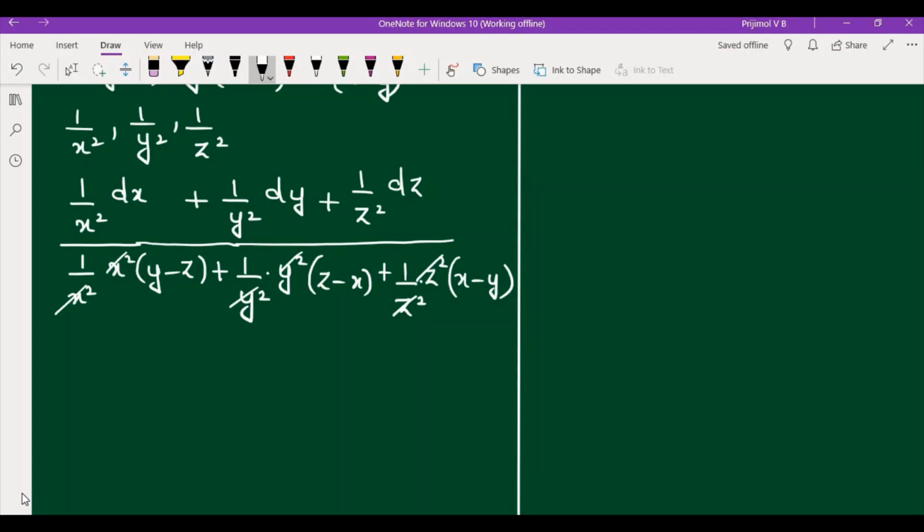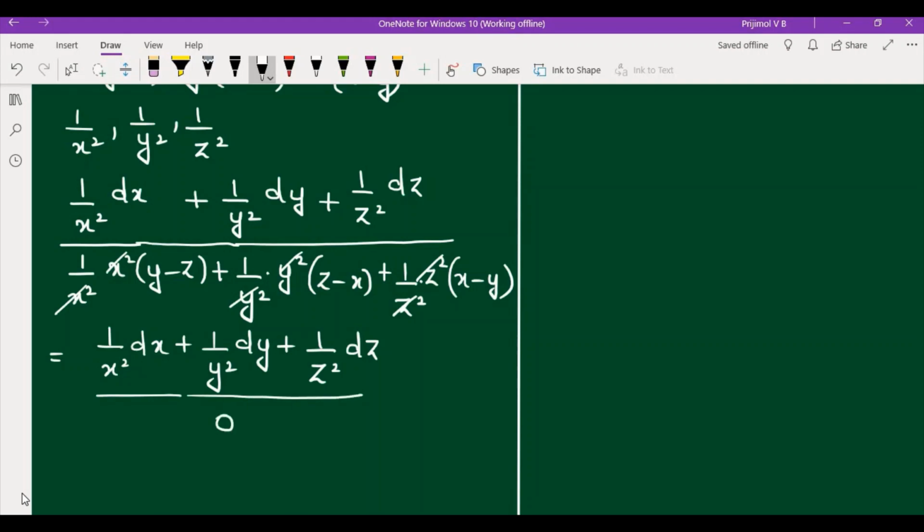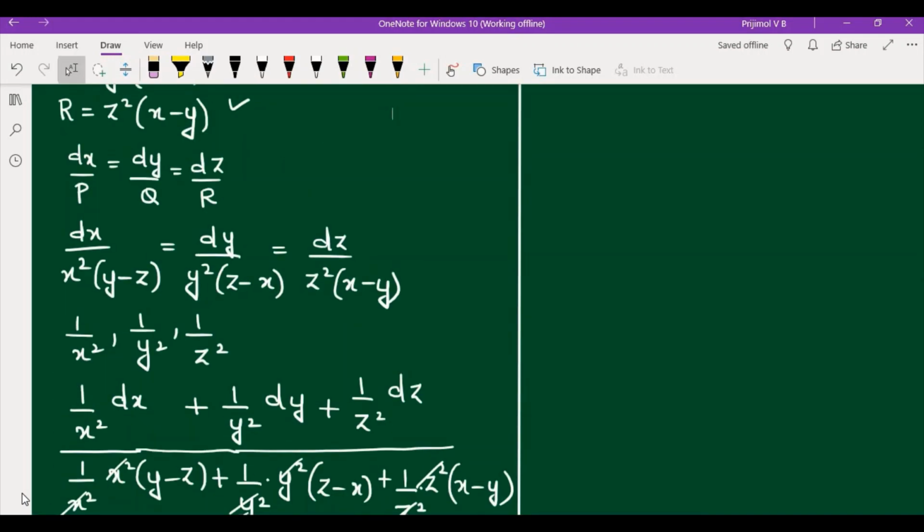Now after simplifying the denominator, plus 1 by z square dz, the whole divided by, now the denominator turns out to be 0 because you know y minus z plus z minus x plus x minus y becomes 0, and if you choose this ratio is equal to any of the ratios in our auxiliary equation.